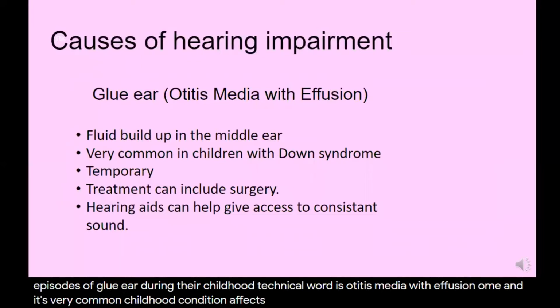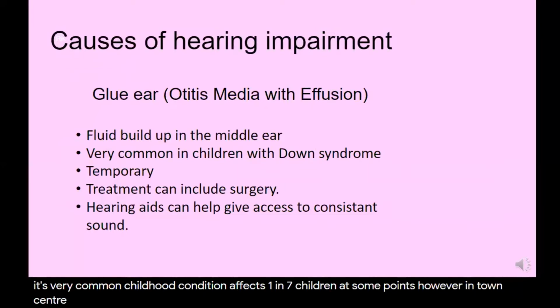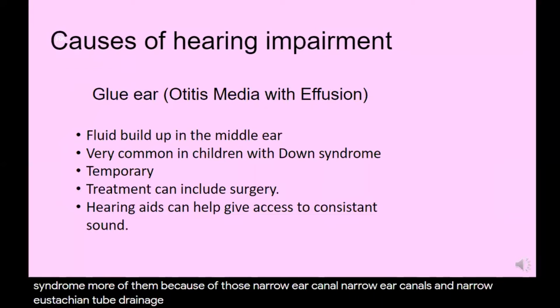It affects about 1 in 7 children at some point. However, in Down syndrome, it can be more of a problem because of those narrower ear canals and narrower eustachian tubes that make drainage more difficult.